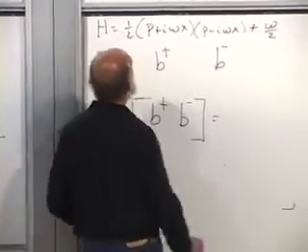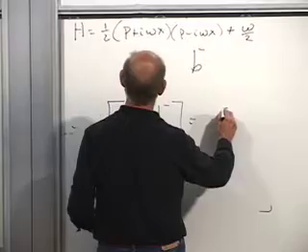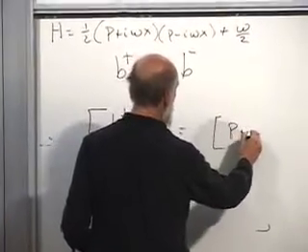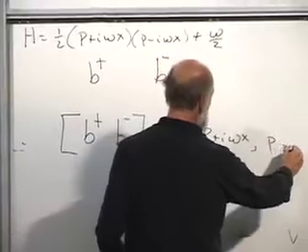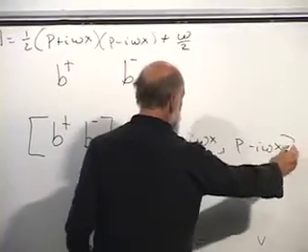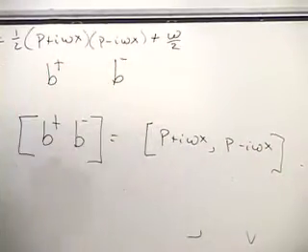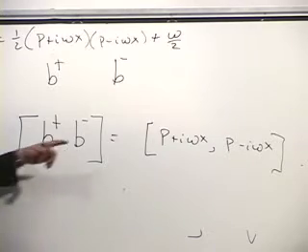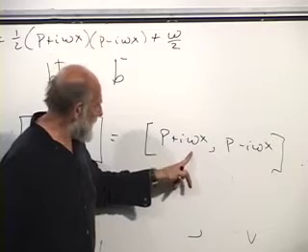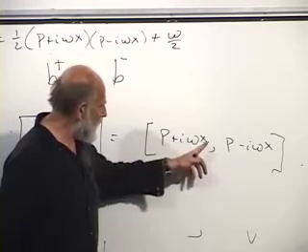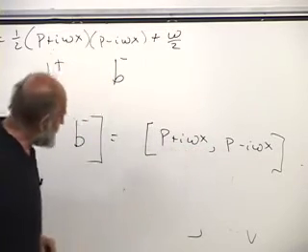So what is this? This is a commutator of p plus i omega x with p minus i omega x. The commutator of p with p is 0. What about the commutator of i omega x with p?